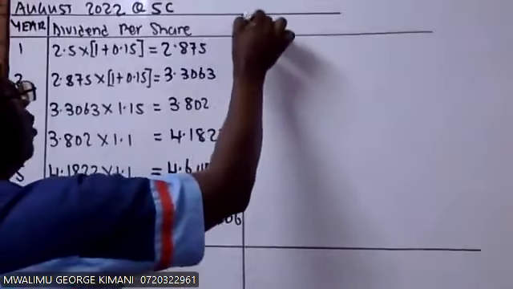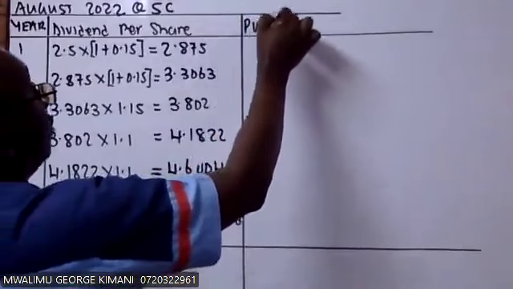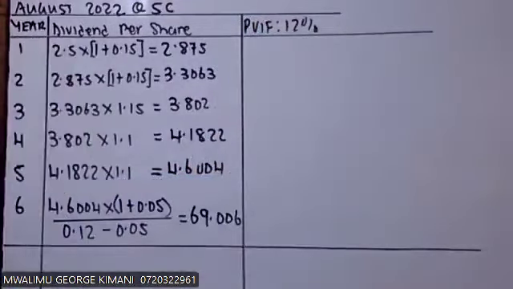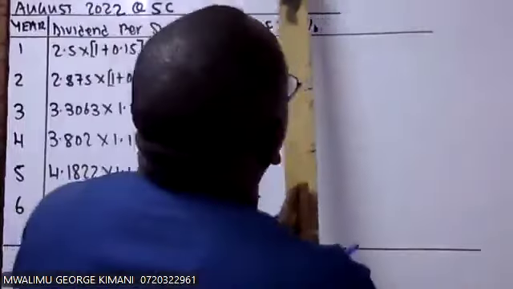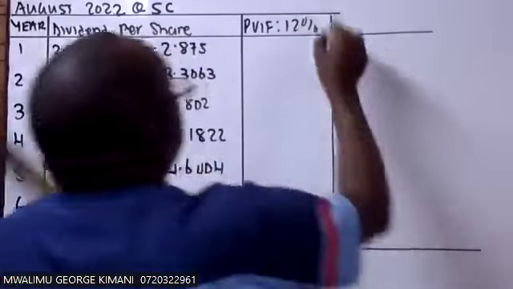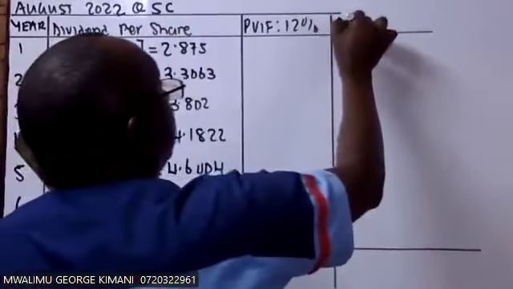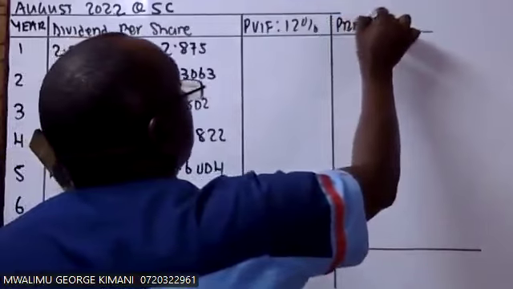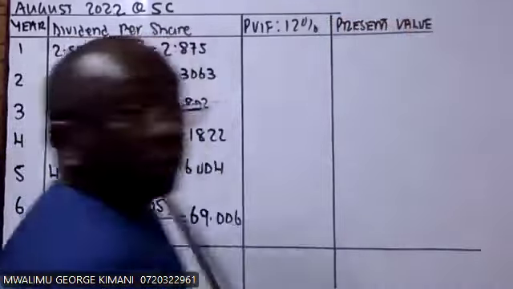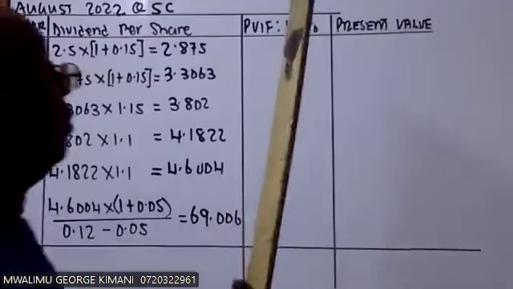So now let's go to PVIF for 12%. You go to the tables that are at the back of the past papers, so that we shall read there. Then finally now we get the present value.